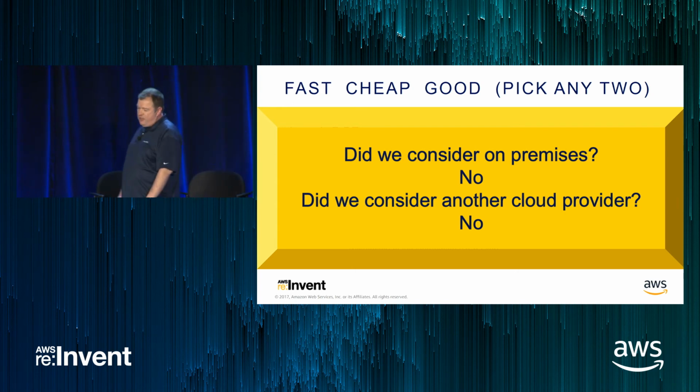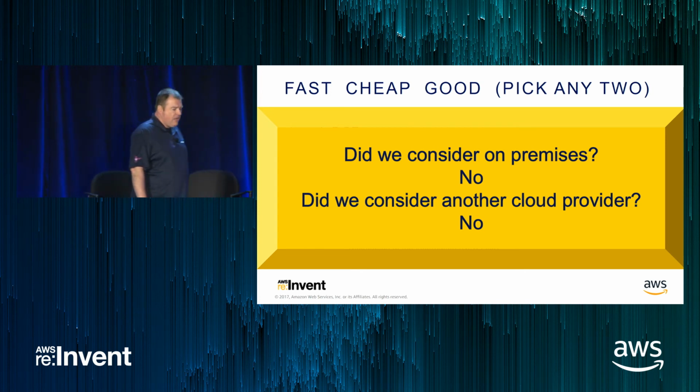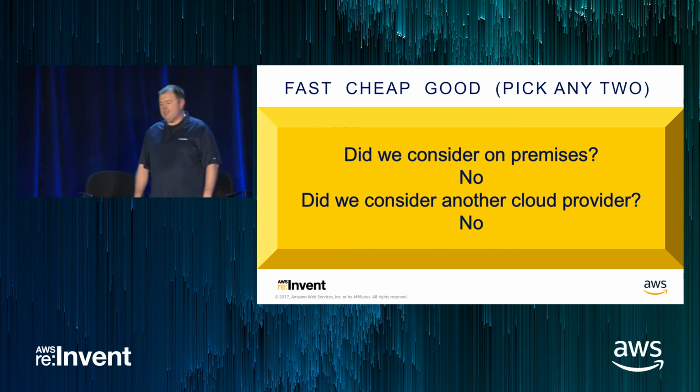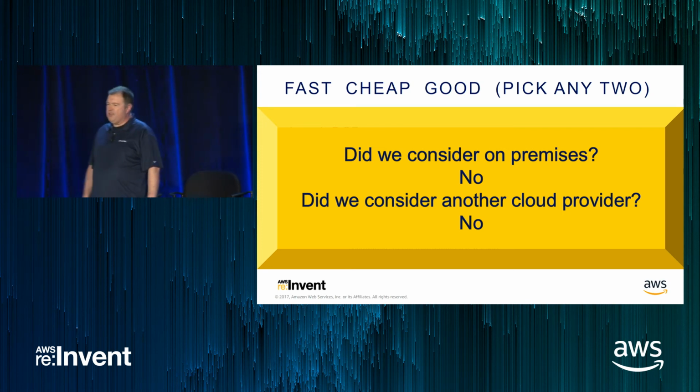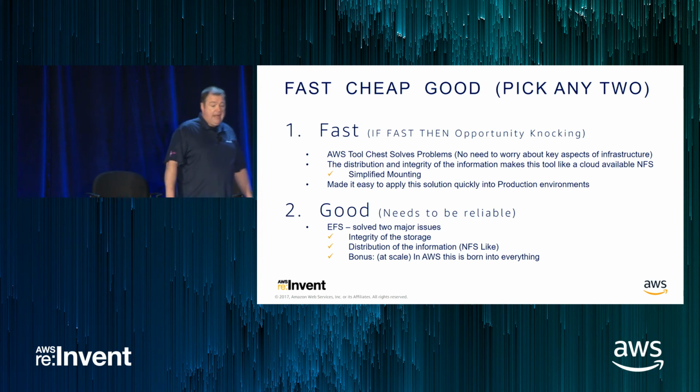And did we consider another cloud provider? Given our background in Amazon, we've been in Amazon since 2011, it was a non-starter for us. We went right to Amazon. So we picked fast and good.